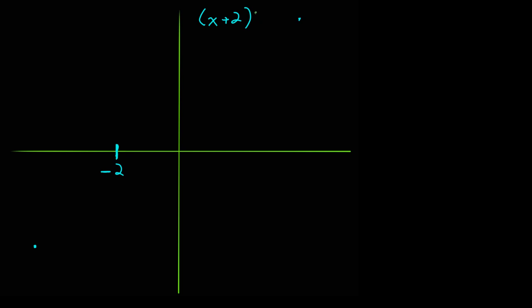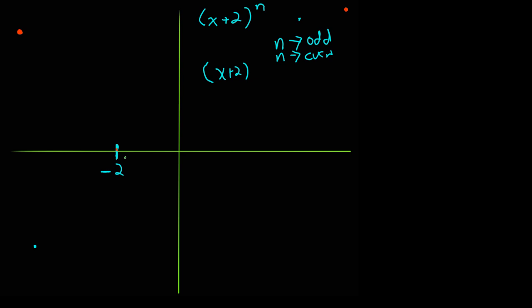So if I have x plus 2 to some power, and that power is odd, I cross the x-axis at that point. But if that power is even, functions with positive leading coefficients, I'll make evens red. Even functions start at positive infinity and end at positive infinity. So they just touch at that point.